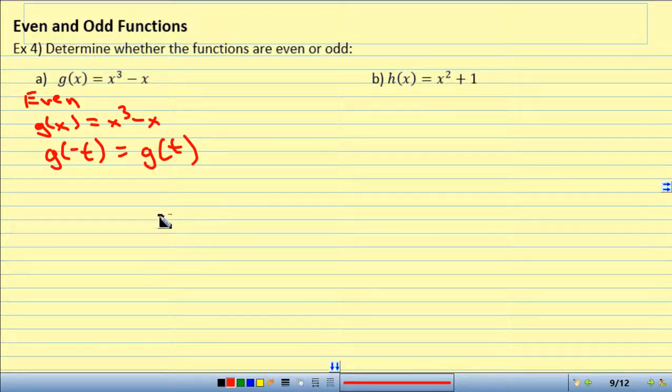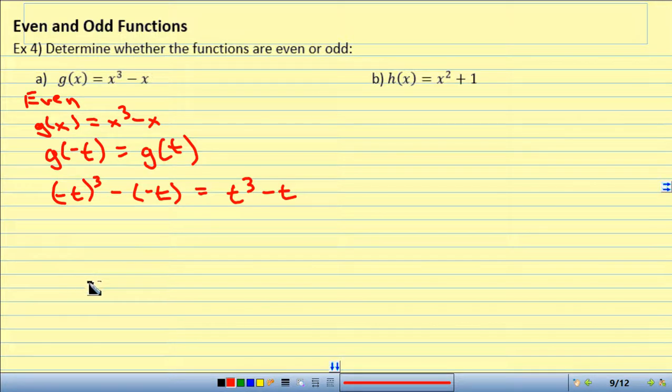I need to find out. So wherever I see x, I'm going to plug in -t. So I've got (-t) cubed minus a -t. Is that equal to g of t? For this one, I'm going to plug in t. So I've got t cubed minus t.